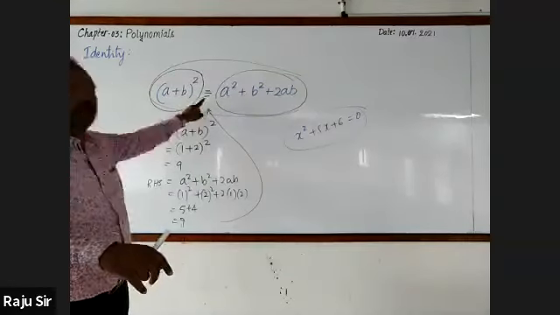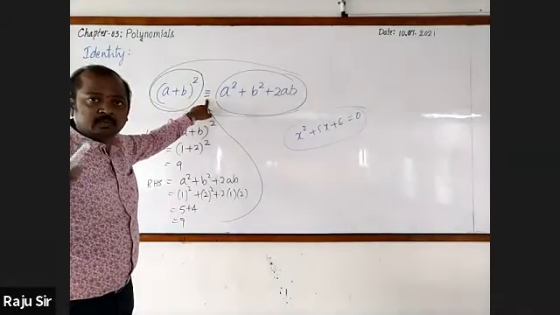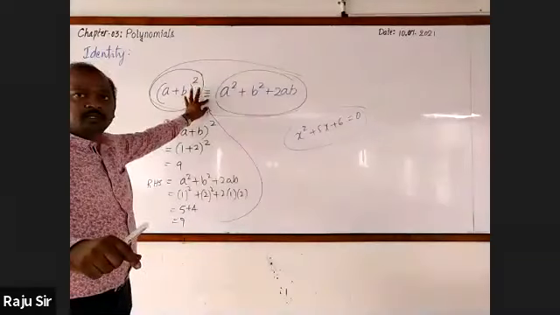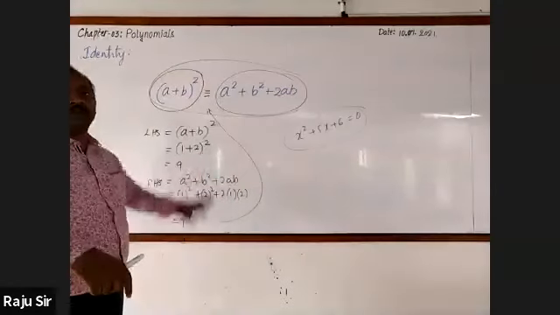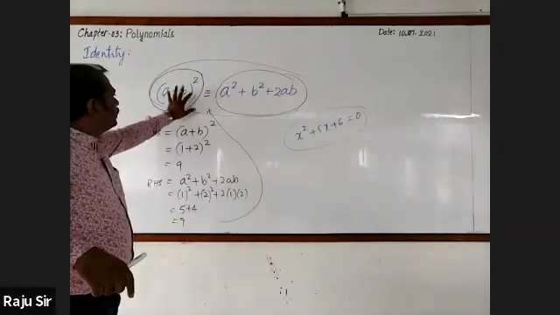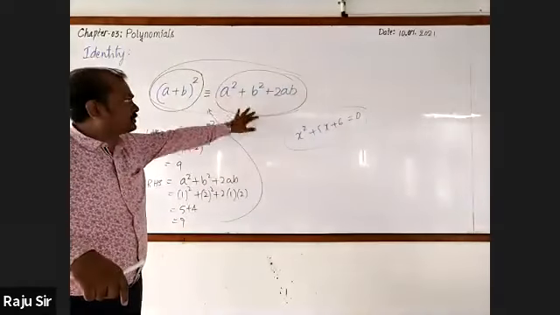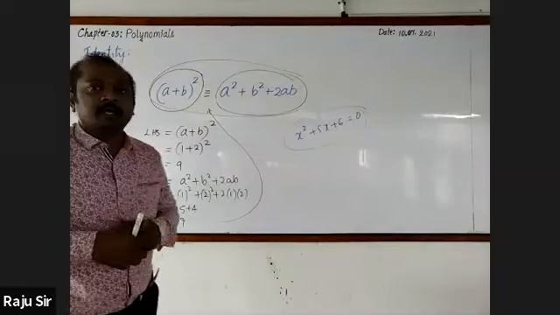For an identity we write this symbol of three lines, meaning exactly equal to; if it is an equation, we just write two lines, the equal sign. (a + b) whole square is exactly equal to a square plus b square plus 2ab. This is the first identity. Like that, many are there.